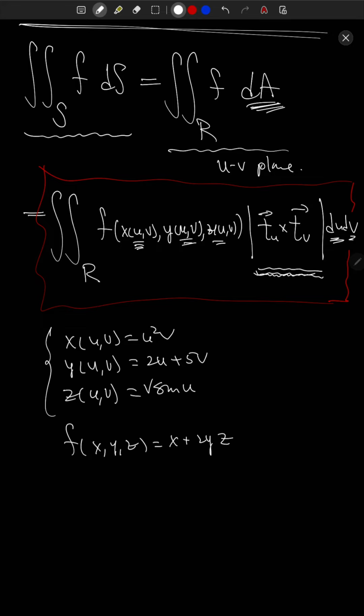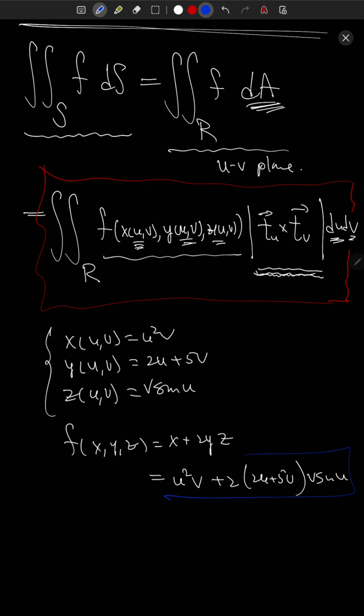So this f of x of uv, y of uv, z of uv, what is that? You just convert it to u's and v's. So x is u squared v. Plus 2 times y, which is 2u plus 5v. Z is v sine u. So this goes into that entry right there.